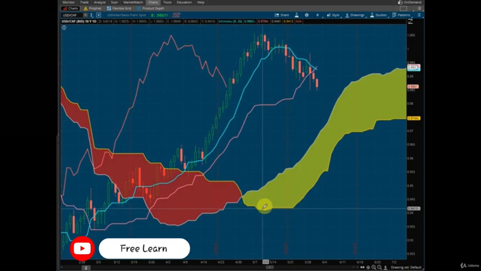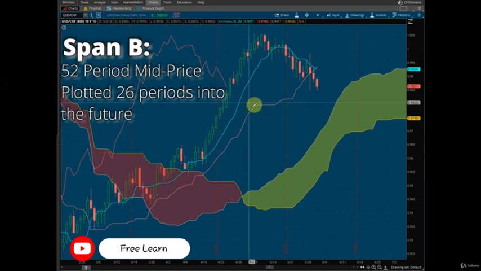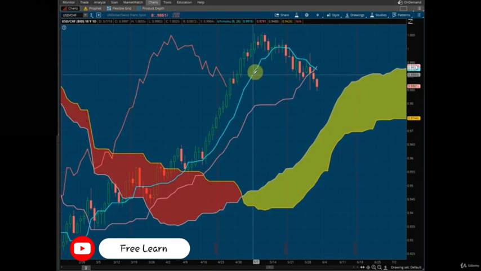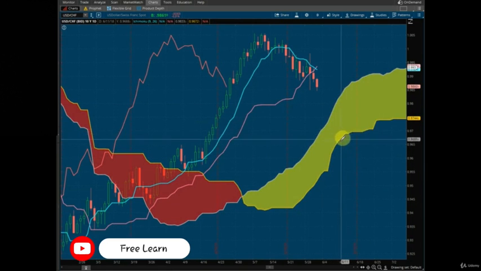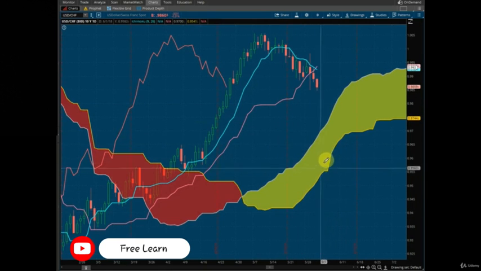All right, so now Senku Span B is a regular mid-price line, just like the Tenkan Sen and the Kijun Sen. Remember, span A is the average of the Tenkan Sen and the Kijun Sen, or blue and pink if it's better for you to understand. And then the yellow line here is just a regular mid-price line over 52 periods.